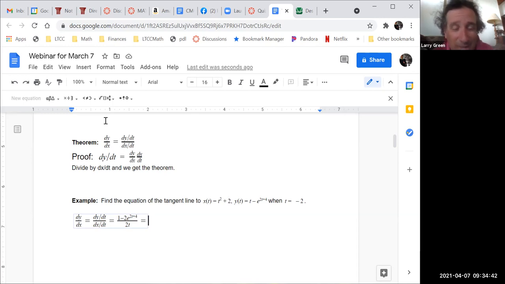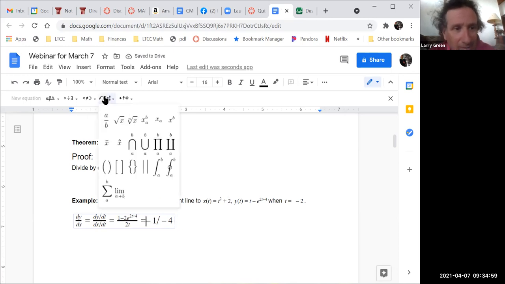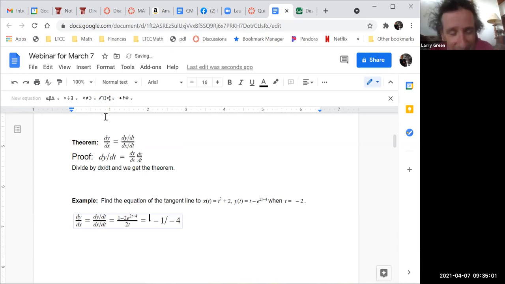So we're looking at 1 minus 2. That's negative 1. And then over 2 times negative 2, which is negative 4. Let me write it as a nicer fraction. I think it'll be prettier. So negative 1/4 is the same as 1/4. Negative 1 over negative 4 is 1/4.